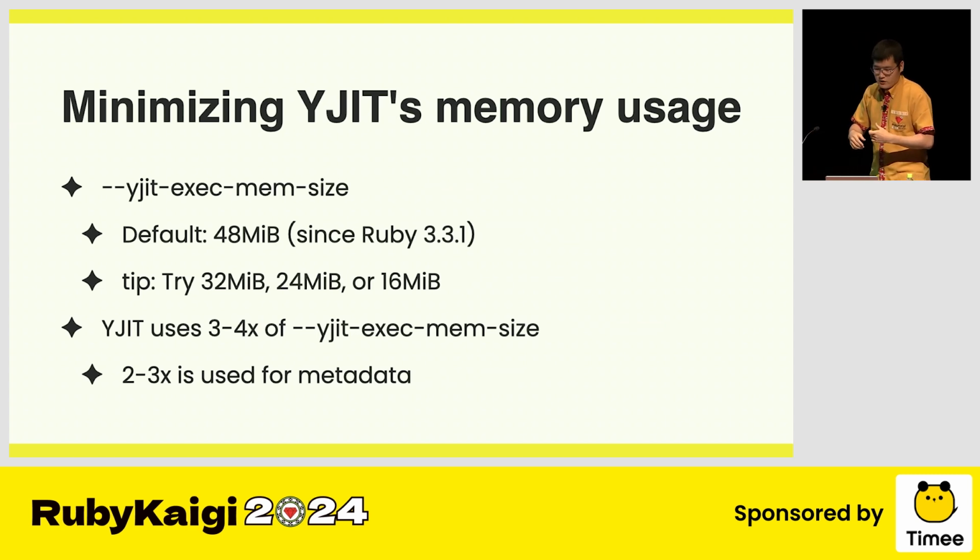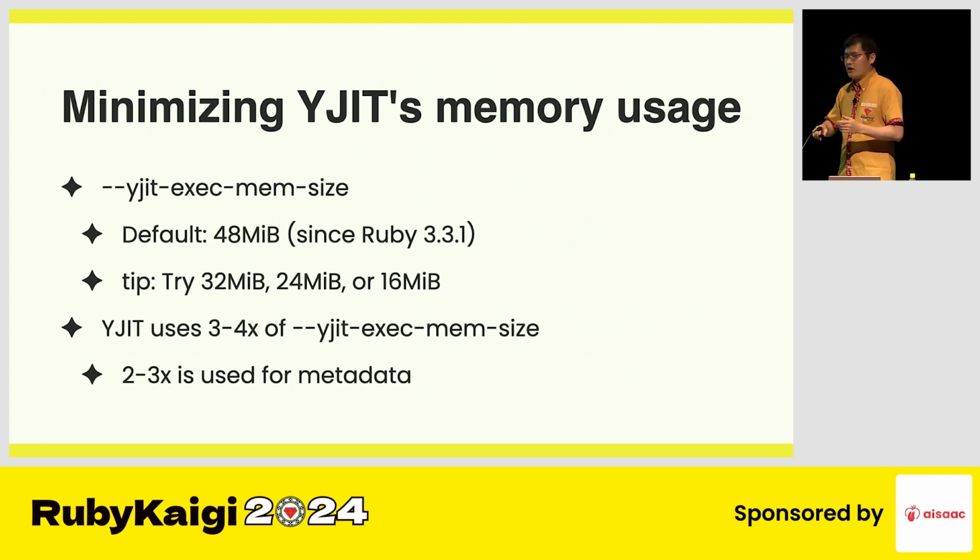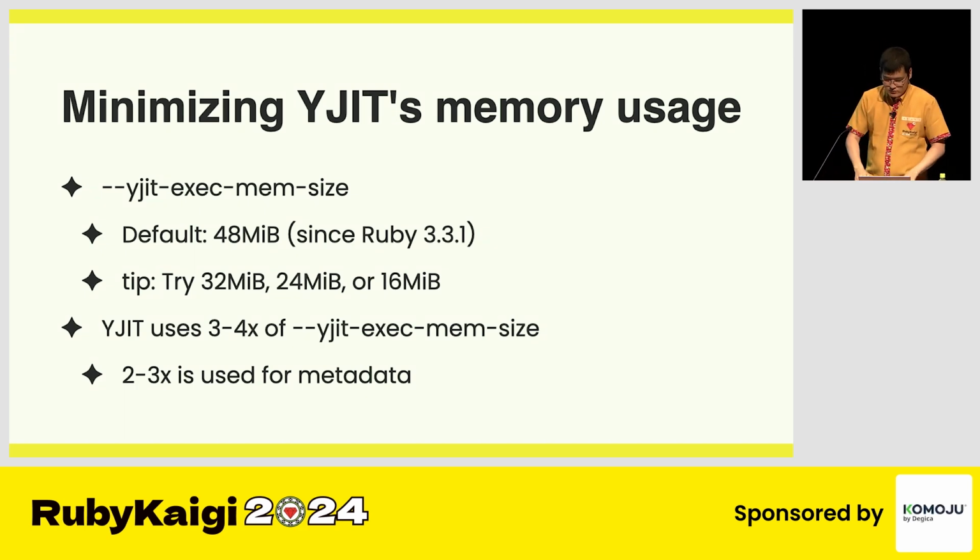So if you configure exec mem size to, for example, 32, it could also use metadata memory like 64 or 96. That's also controlled by this configuration currently, kind of. So if you limit the configuration, that also automatically reduces the metadata as well. So you could use this to control the YJIT memory usage.